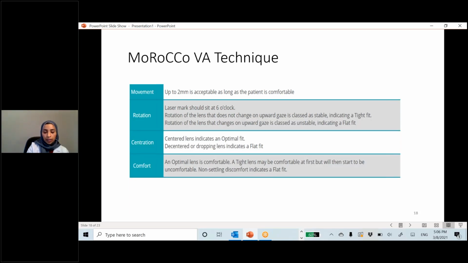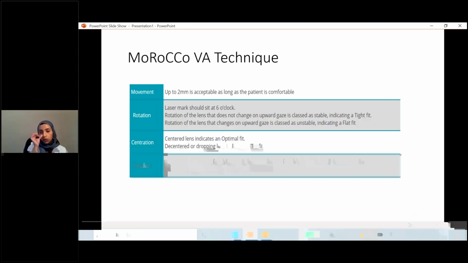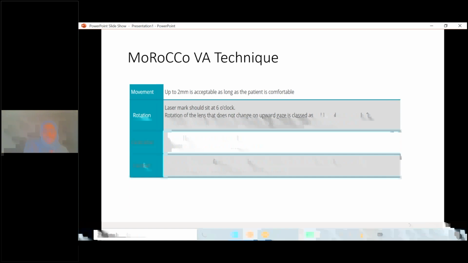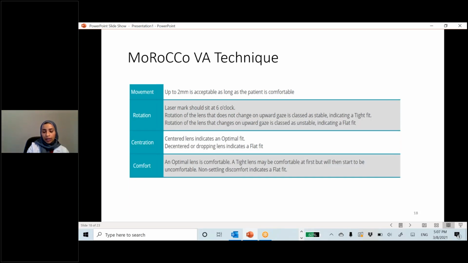So if I see some swinging rotation, I'm expecting that the lens is also going to be moving well over 1.5 millimeters, probably more than 2 millimeters. So again, a swinging rotation with excess movement is suggesting that the lens is pretty loose.